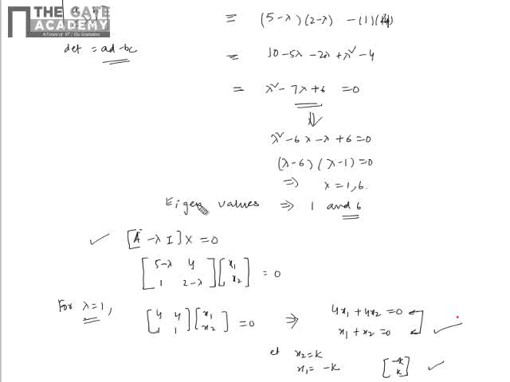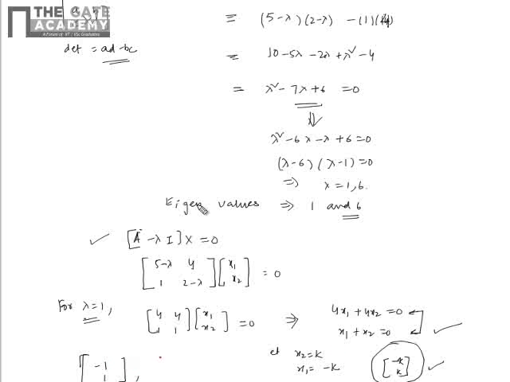So what we do is we mention that for lambda is equal to 1, the eigenvector is minus k comma k, and sometimes we give values to k. Like if k is say 1, then minus 1, 1 is an eigenvector. You can say 1, minus 1 also; I can take x1 as k and x2 as minus k, so it doesn't matter.